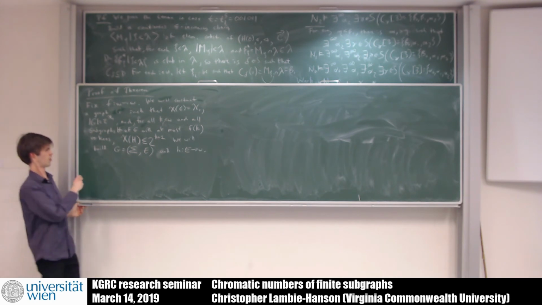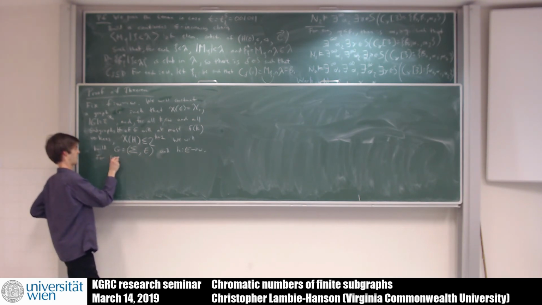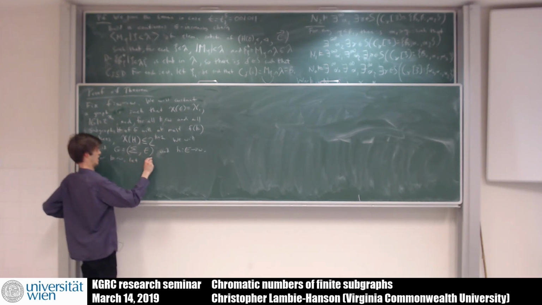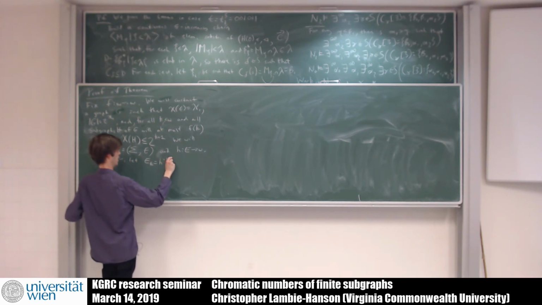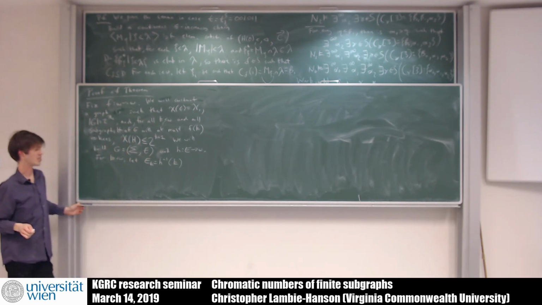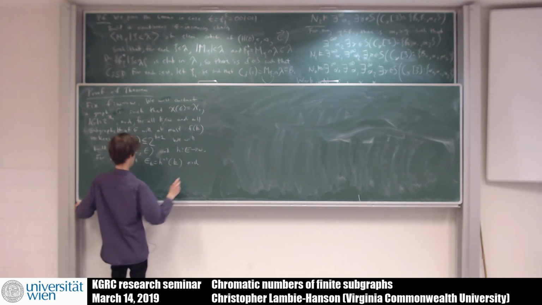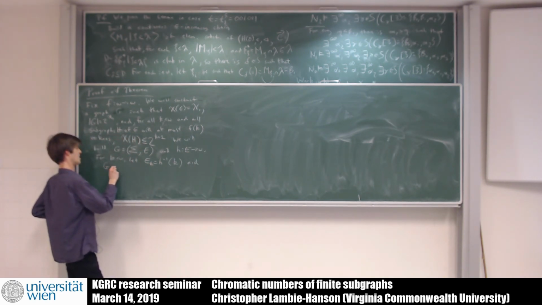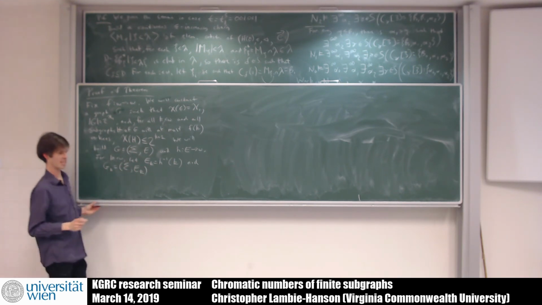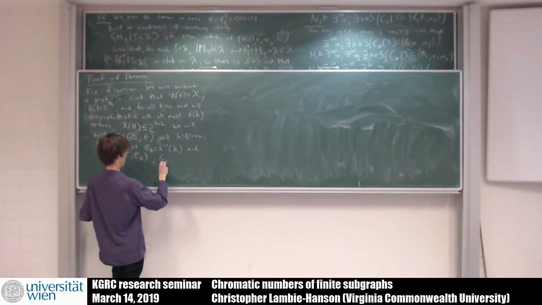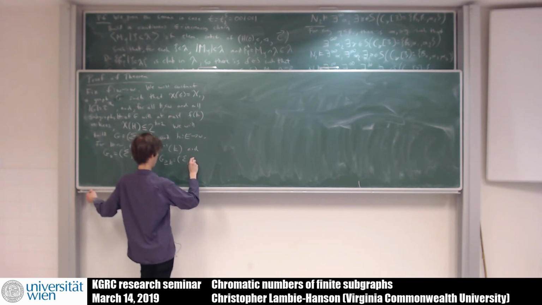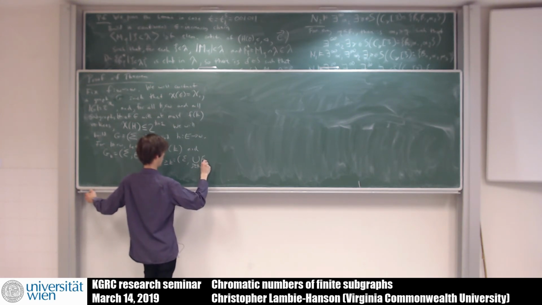So once we've done this, for k less than omega, let E_k be the preimage of k. So E_k is all those edges that get labeled k by h. G_k would be the graph on the same vertex set, but only those edges labeled k, and G greater than or equal to k, the same vertex set, and all edges labeled at least k.